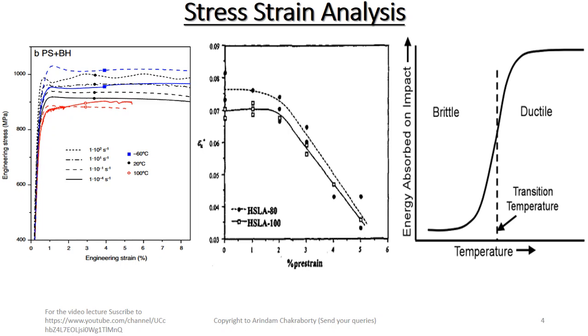You may ask, sir, it will not work as a pure ductile material. Correct, it will not, but you can find some ductility at that point. The transition temperature is the main point from where the property of the material can be altered.